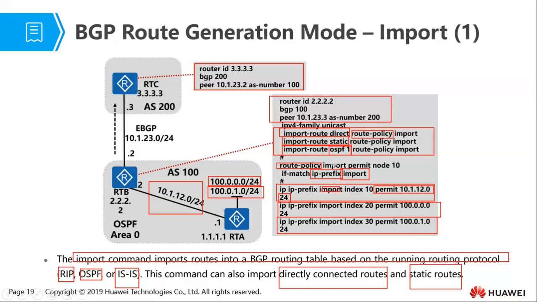Then we say route policy import permit node 10 if match. So it is this route policy that we are applying here. We're not going to import all the direct routes. We're only going to import a direct route if it has been permitted in our routing policy. We are going to learn about IP prefix and routing policy much later.